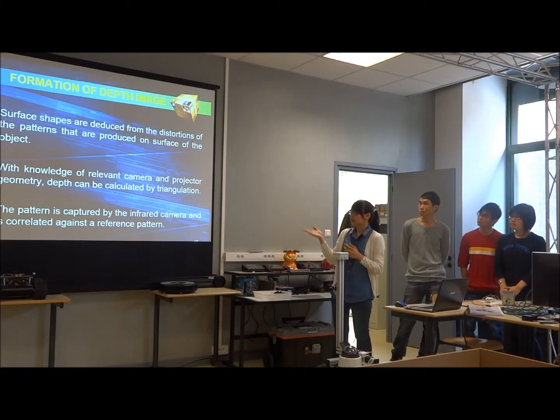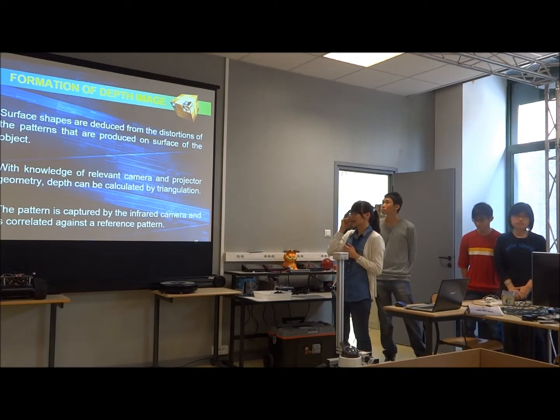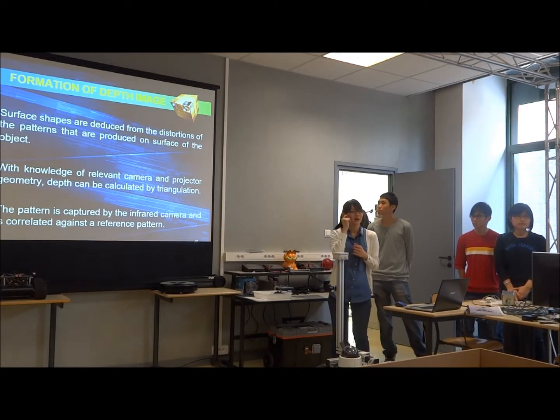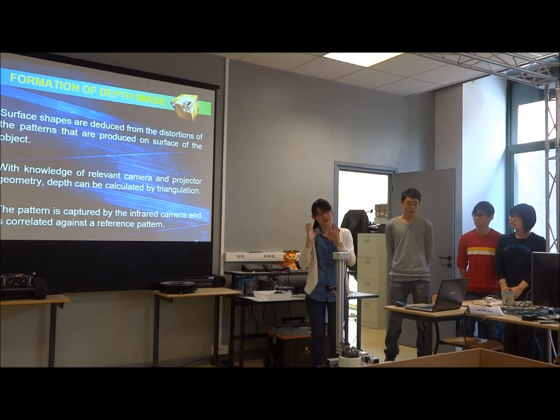So as mentioned just now, the pattern is captured by the infrared camera and is correlated against a reference pattern. Actually, a reference pattern is the pattern that is detected by the camera and stored in memory.